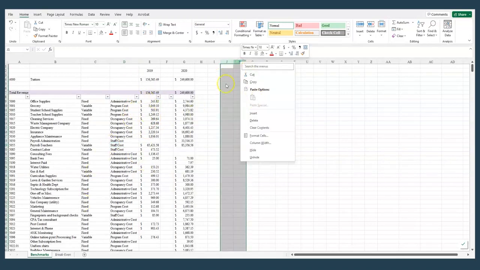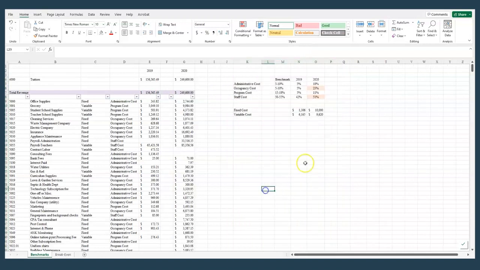Then I set myself up with these handy little charts, which are just sumif formulas. Here I have administrative, occupancy, program, and staff, then my benchmarks for where I want them to land for my center personally, and then what actually happened.